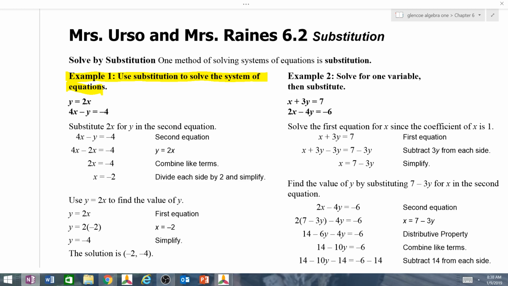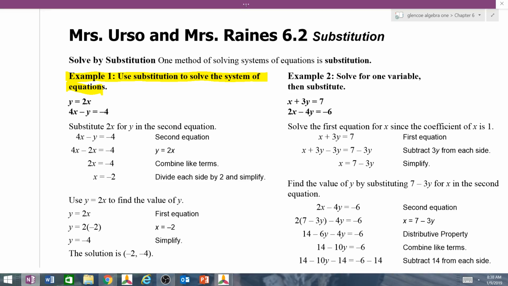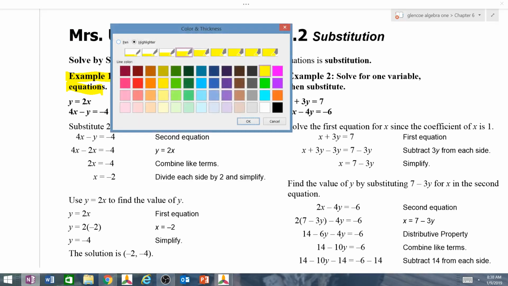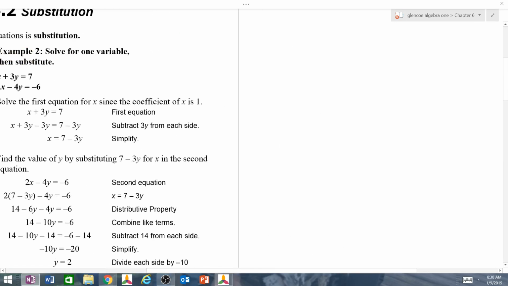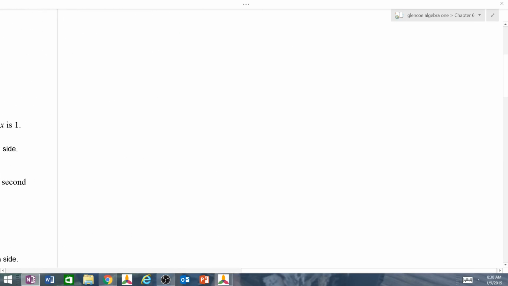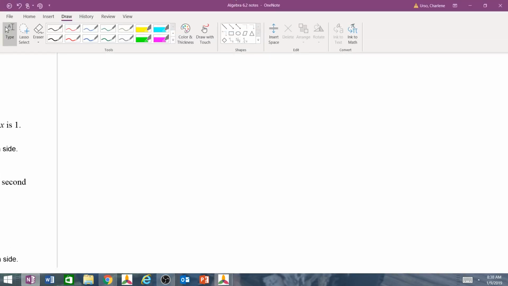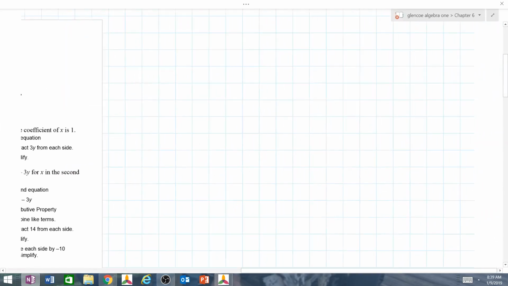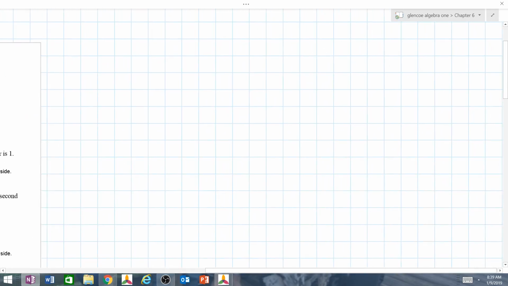Let me work this problem for you so that you can see each step along the way. Again, I gave you a recap earlier of why we might use substitution.